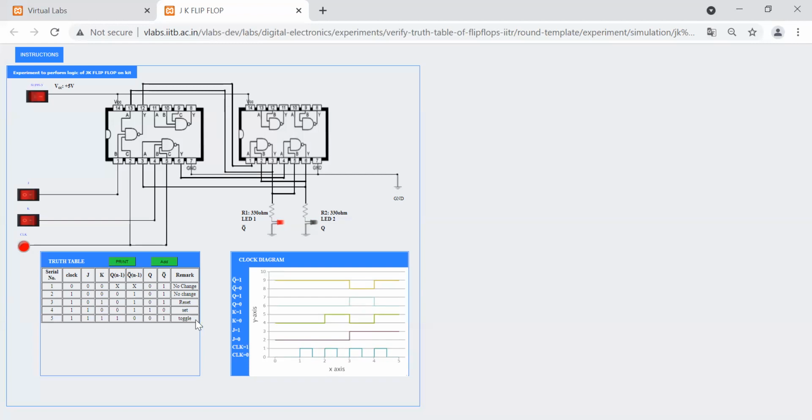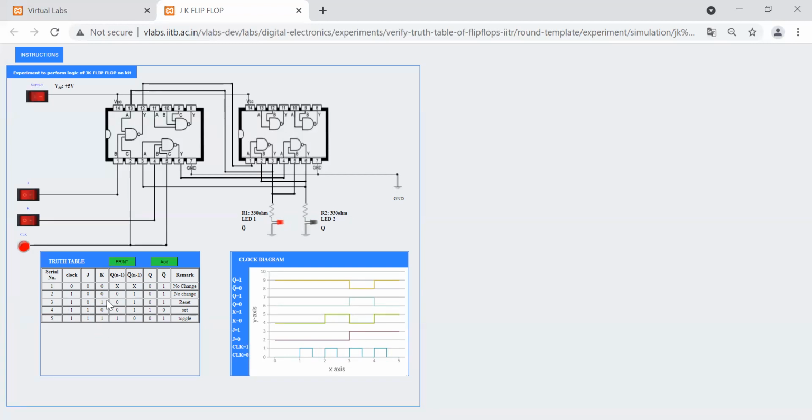So in toggle state, what happens? Output Q will be the complement of its previous state. In the previous state, that is, if we look at the fourth row, Q has value 1. Now it is becoming 0. So it is the toggling state.